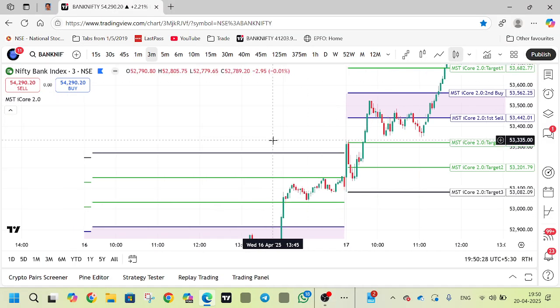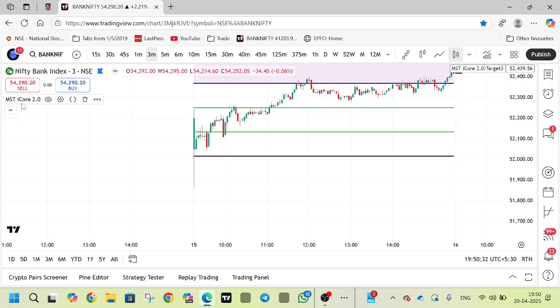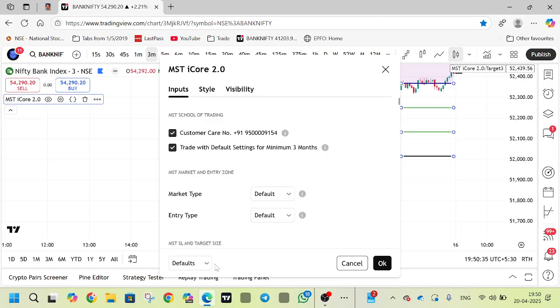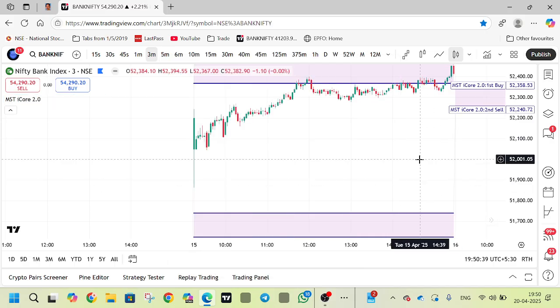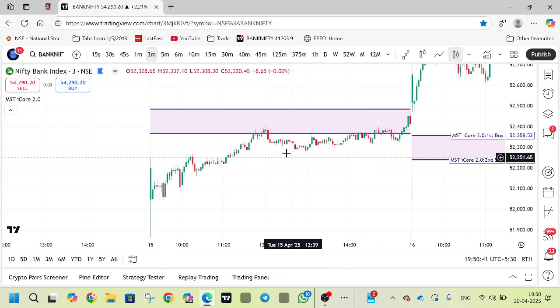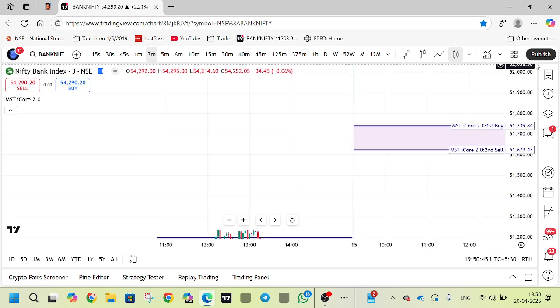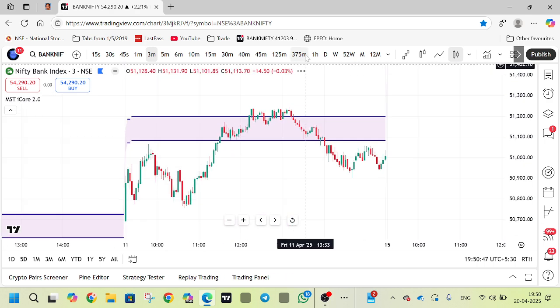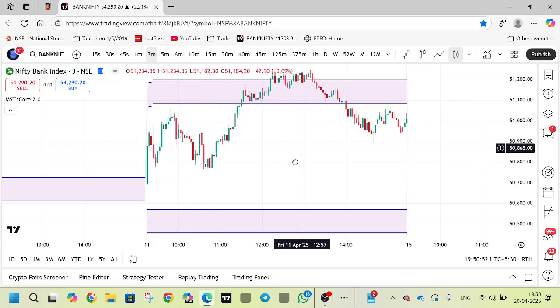So let me show you a few more examples. I will just press the reset button. Here also sell activated and first target hit and market got over. And the previous day, sell activated, all the 3 targets hit.